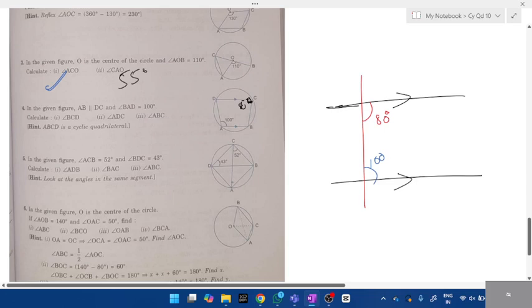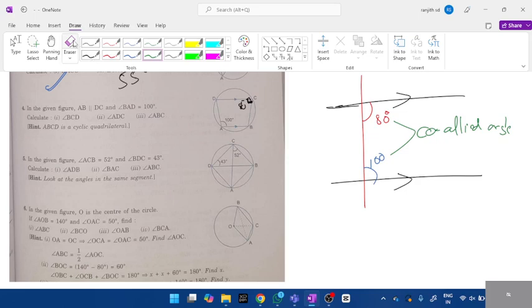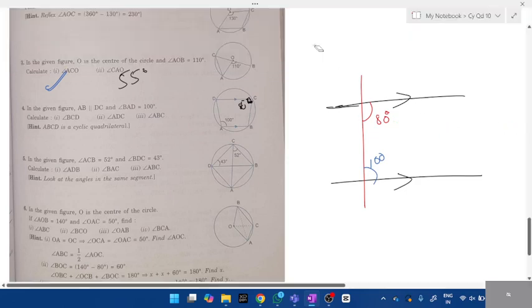Top and bottom. So top and bottom, inside that whichever angle lies, we call it co-allied or allied angles. Look, the parallel lines lie top and bottom. So the angles on top and bottom will be co-allied, 180 degrees. Remember this, their sum should be 180. Co-allied angles, their sum should be 180 degrees.